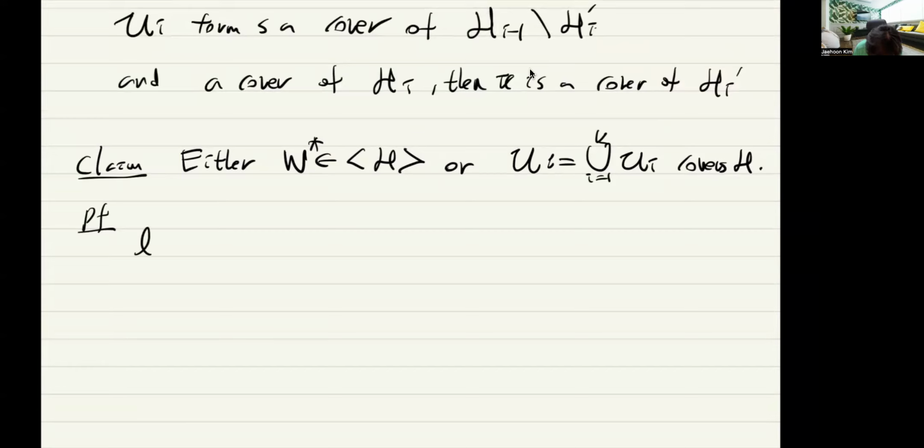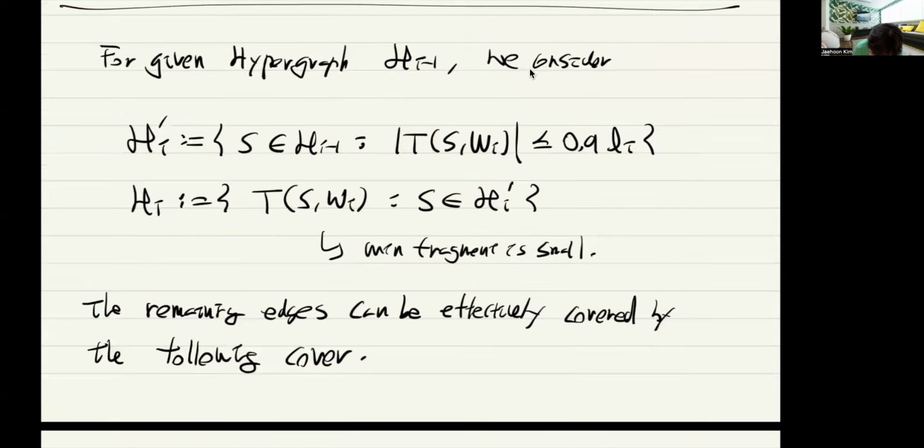Why? What do we know? Every time, we kept the ones which are of size at most 0.9 L_{i-1}. So L_{i-1}, this is L_i, right? So here, and then you take this.